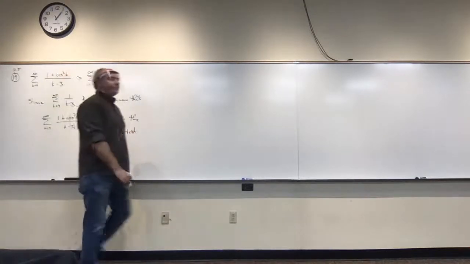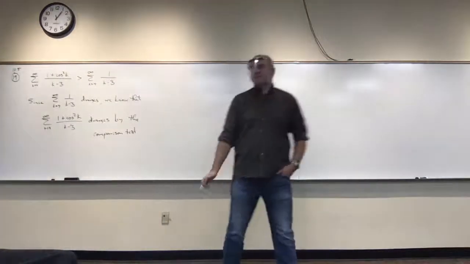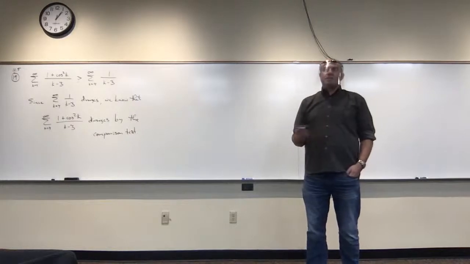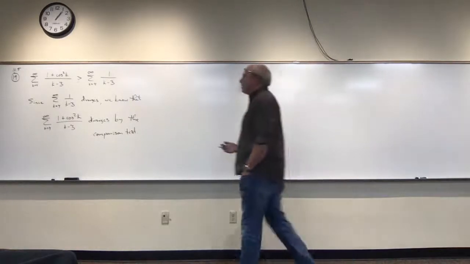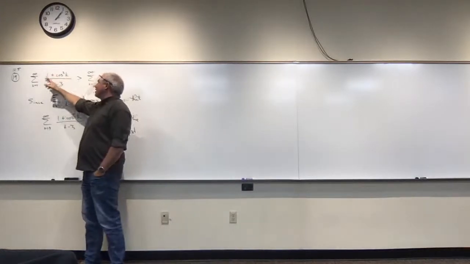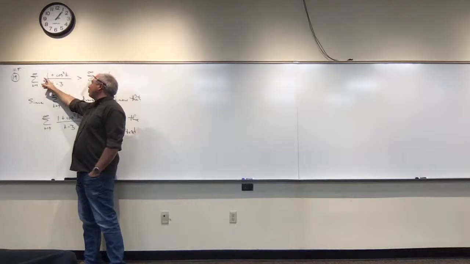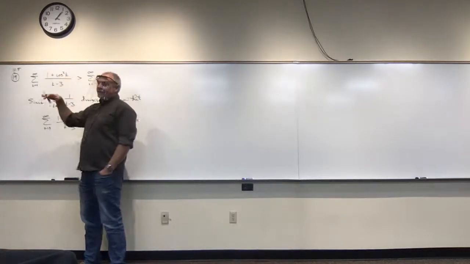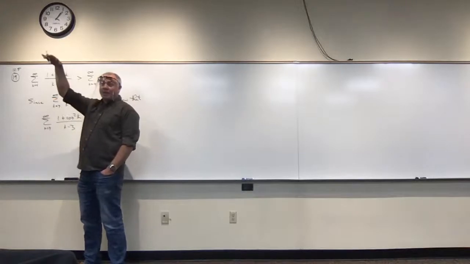And this is one of the very, very few places that I would ever really want to use a comparison test. Typically, I like the limit comparison test much, much better, but comparison tests work really well when you're bounding things. And so like here, I can bound 1 plus cosine squared of k by 1 below, or by 2 above.